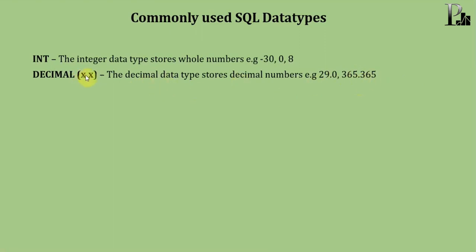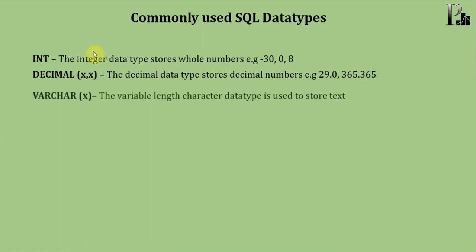If you look very well, you will see I put XX in front here. It means if you want to enter decimal format, you enter 2 values. The first value shows the total number of digits you want to store, while the second value shows the total number of digits you want to store after the decimal point. As we continue in the tutorial, we will understand some of the use cases of these data types.